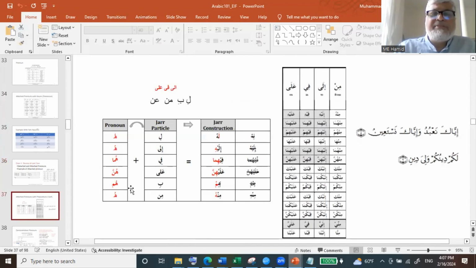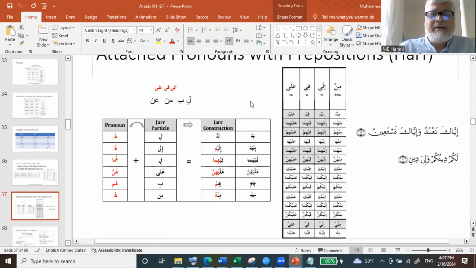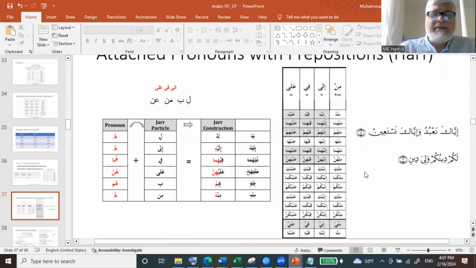Then we see other attached pronouns heavily used in the Quran, like ila, fi, ala, li, bi, man, min, an. Similarly, we can attach these to the attached pronouns and see how it looks. Ila plus who: ilaihi, ilaihima, ilaihim, ilaiha, ilaihuma, ilaihunna, ilaika, ilaikuma, ilaikum, ilaiki, ilaikunna, ilayya, ilaina.